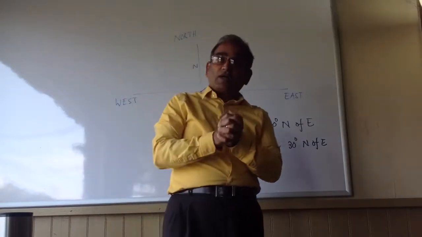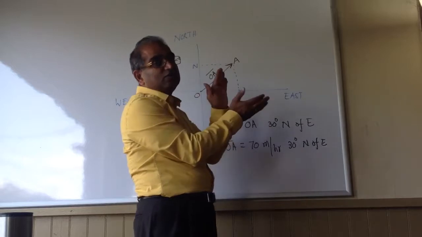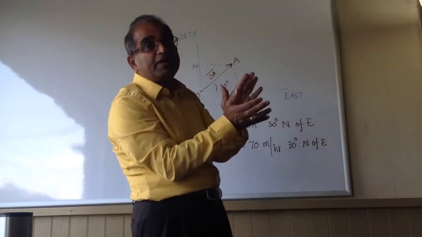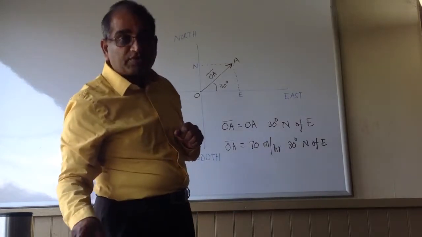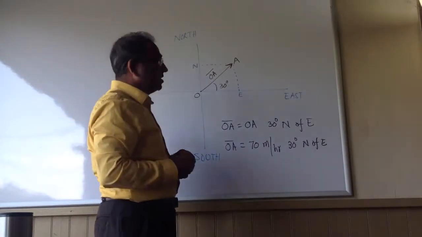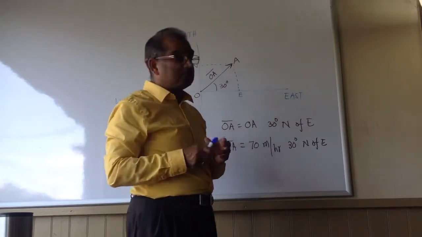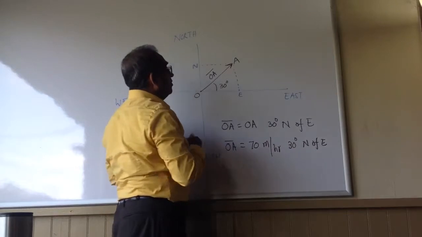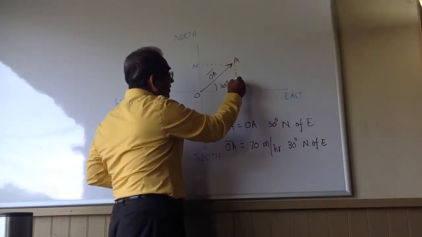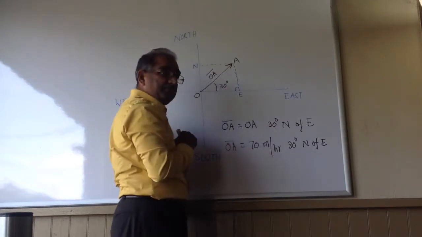So we are going to talk about this resolution of the vector into two mutually perpendicular components. How to resolve this vector? From trigonometry we know that this is a right angle triangle. So I have dropped a perpendicular here. So this is 90 degrees.